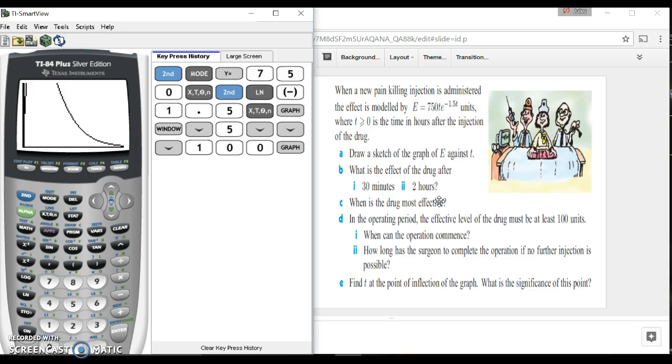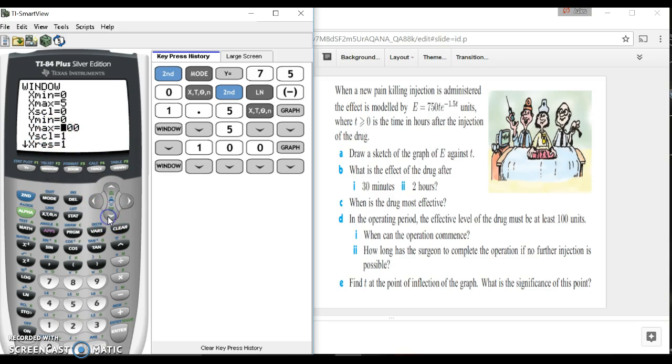Okay, so there you can see that we have part of a surge function, which is chopped off the top. So I have to reset the view window to get the top in. So I'll just move the maximum value down to 200 units and see how that looks. Much better.